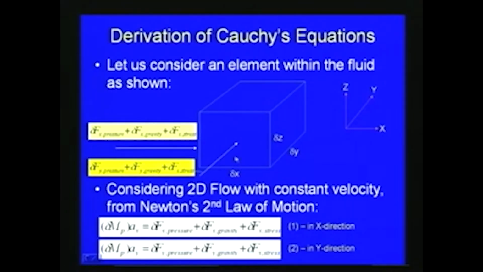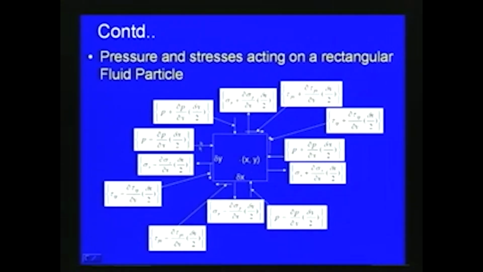And then the pressure force for this typical problem we can write. It is explained further here. This fluid element is delta x by delta y. The pressure and stresses acting on the rectangular fluid particle are written here.